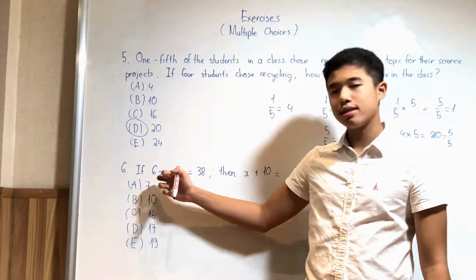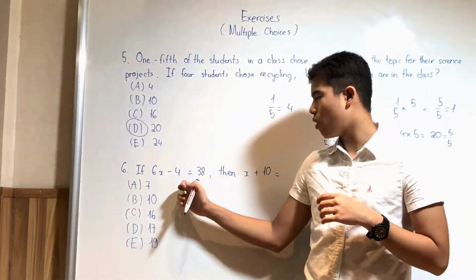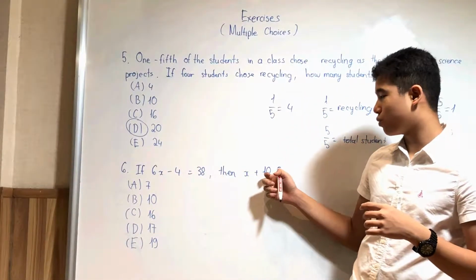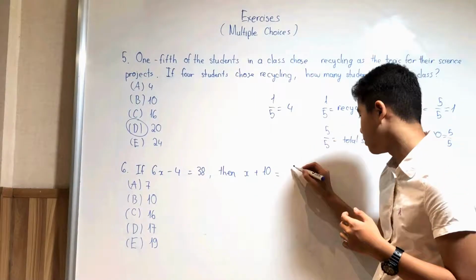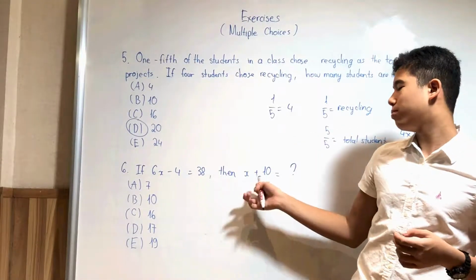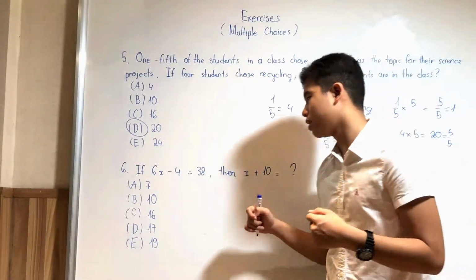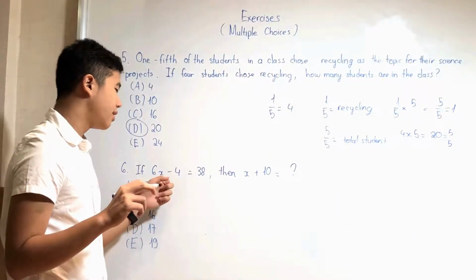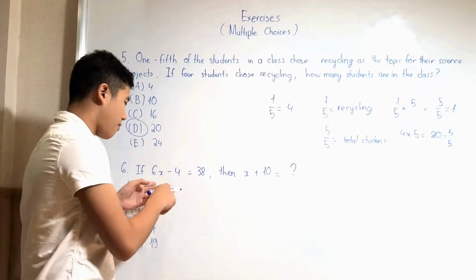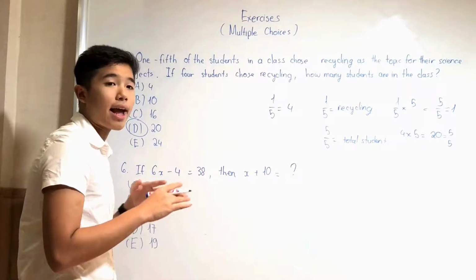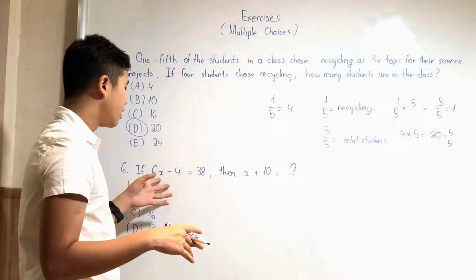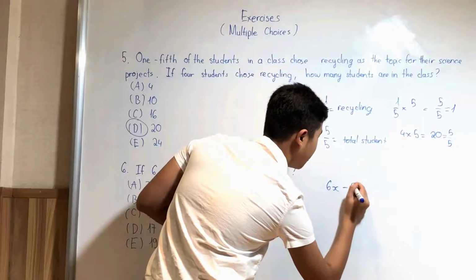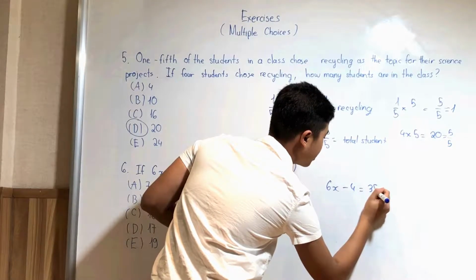If 6 times x minus 4 is equal to 38, then x plus 10 equals what? The easy way of thinking about this is you must find x first, and then take x plus 10. So to find x here, we have 6x minus 4 is equal to 38.